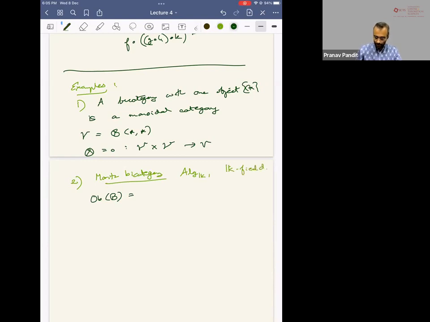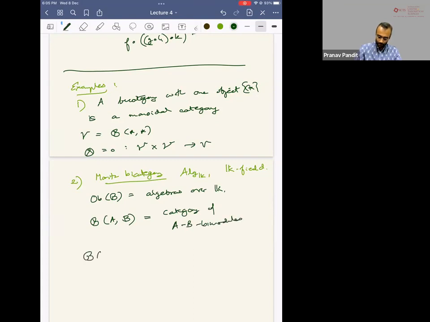The objects of B are algebras over K. And B of A, B is the category of AB bimodules.